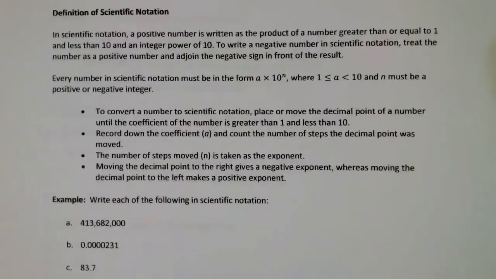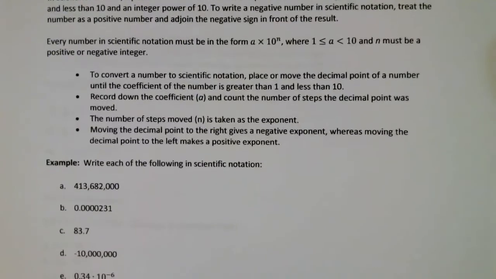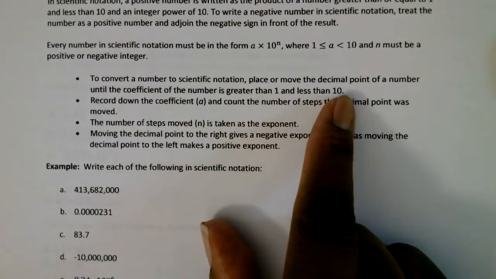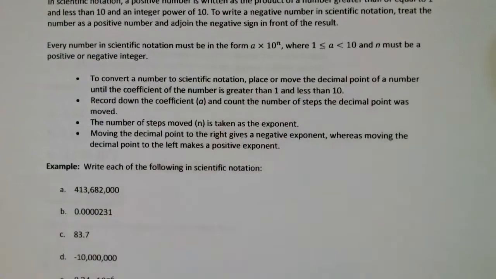Okay. So here's how we convert from standard form to scientific notation. To convert a number to scientific notation, you're going to place or move the decimal point a number of places until the coefficient of the number is greater than or equal to 1 and less than 10.